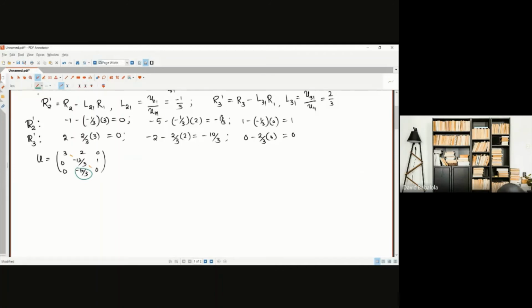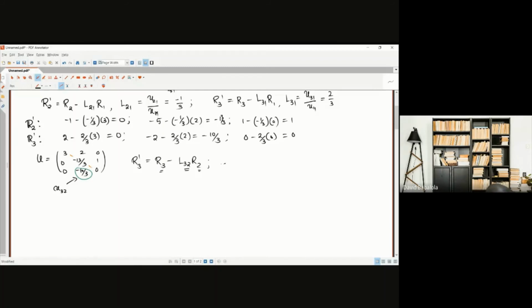So what do we do? We need an expression for row 3 again. The new row 3 will be old row 3 minus, since this entry is U32, a multiplier L32 times row 2. So if you pay attention to the subscript, L32, 3, 2. So now what's our L32?